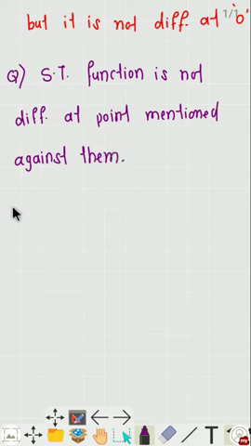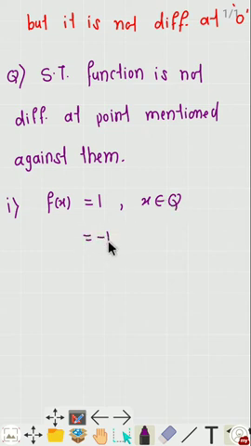So let us take the first function. That function is f of x equal to 1 when x is a rational number, and equal to -1 when x belongs to R minus Q, meaning x is an irrational number.